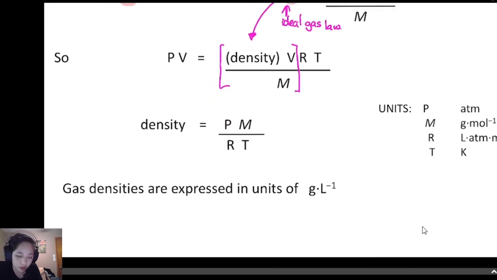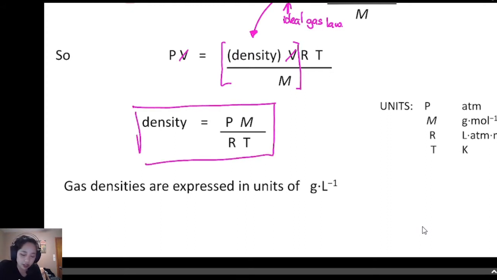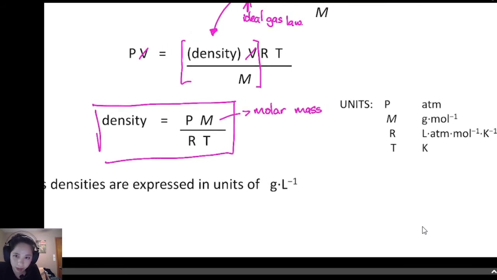And then you can rearrange some things, and you see that actually volumes cancel on each side, and you get that using the ideal gas law equation, the density is equal to the pressure of the sample times the molar mass over R over T. And so always keep in mind the units that are expressed here, that because of the unit of R, which is in liters, our density will be expressed in grams per liter. Not grams per milliliter like in the solids and liquids you're used to.